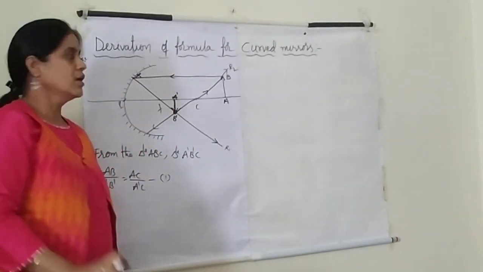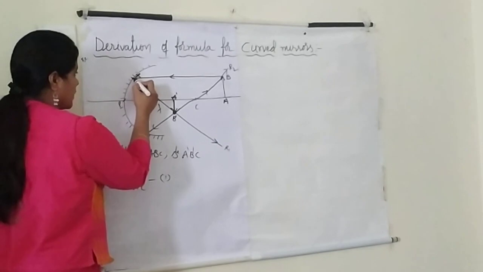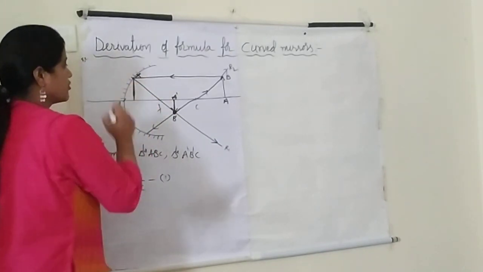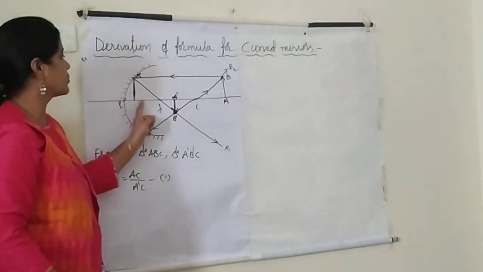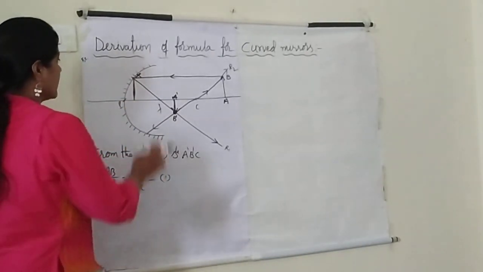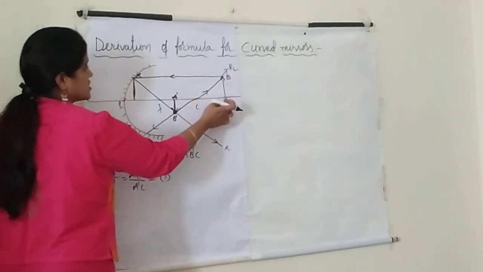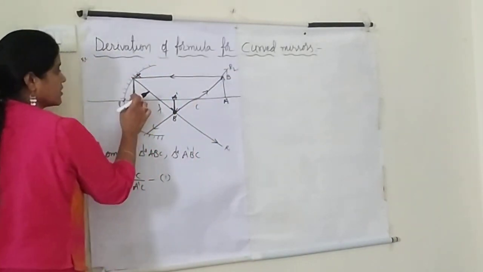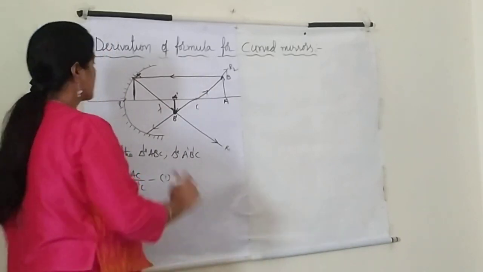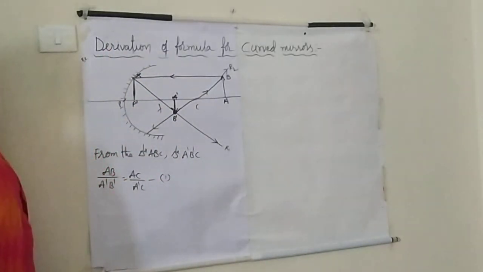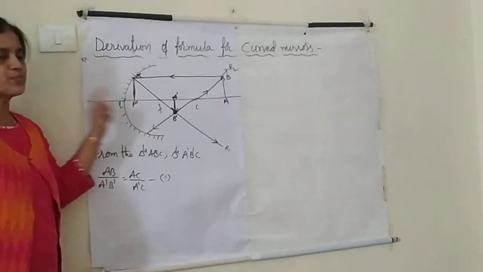When you draw a line perpendicular to the principal axis, the distance AB and this one are both equal. Now for our convenience, I will call this point P dash.